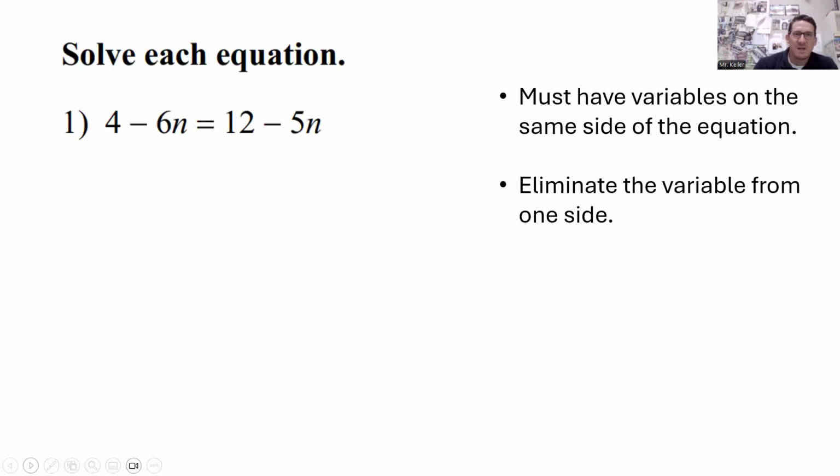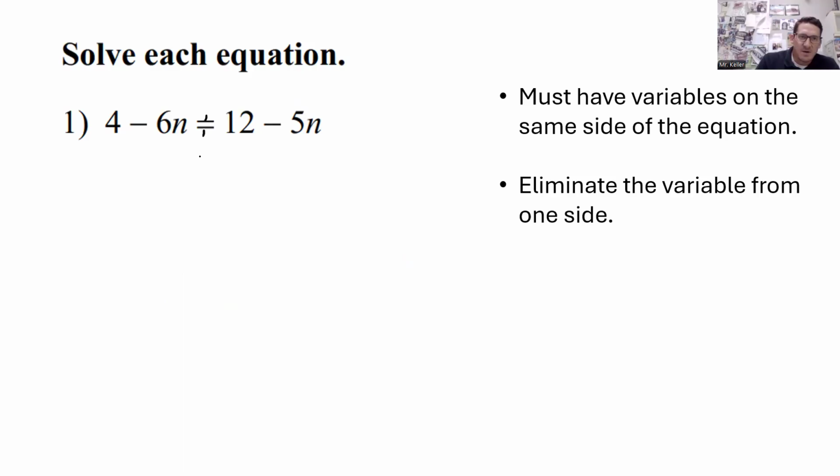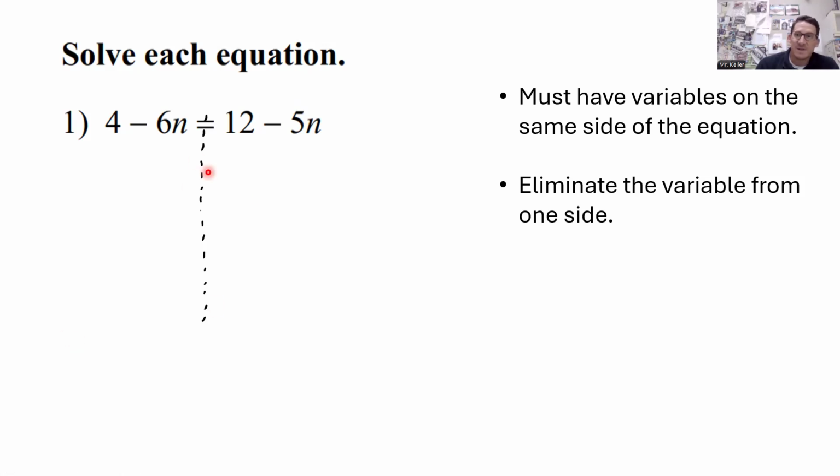Before we get there, we need to talk about what to do when we have variables on both sides of the equation. So here, another important reason why we want to have a line of separation. As you can see here, we have n's on the left side and the right side of the equation. To solve an equation, the variables can only be on one side.